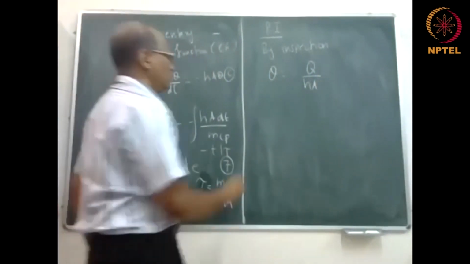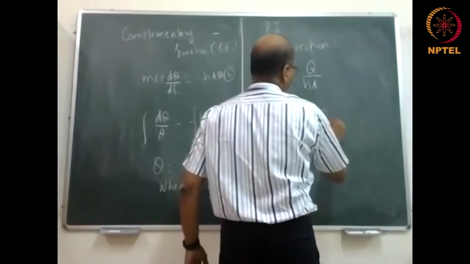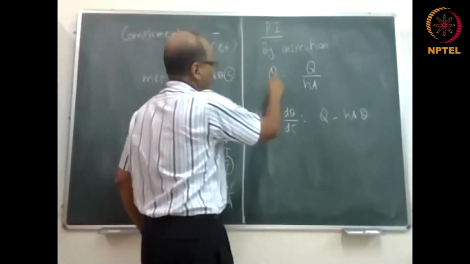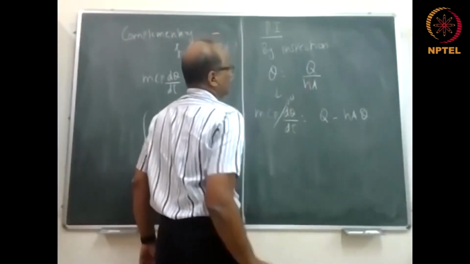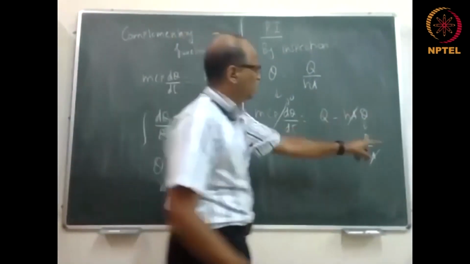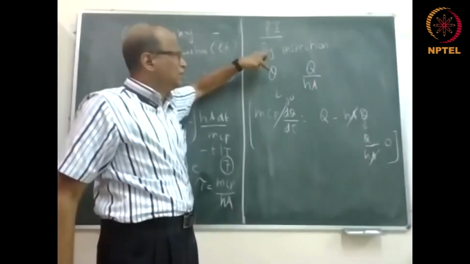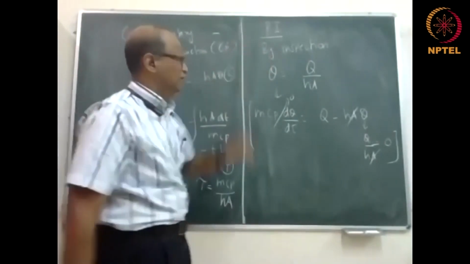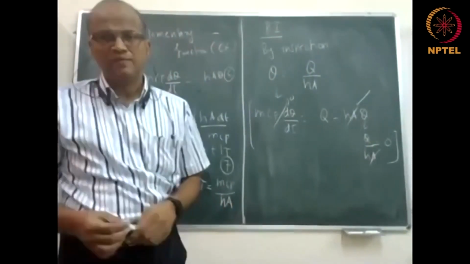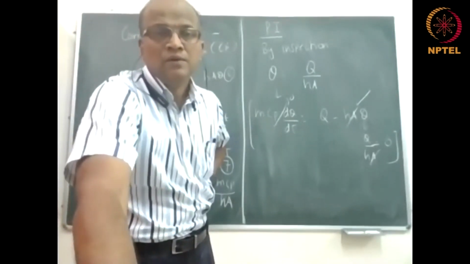How do I do that? If I substitute this, d theta by d tau is equal to 0, so theta is Q by HA. HA will get cancelled, Q minus Q equal to 0. So my proposal that the particular integral is Q by HA is fine because it satisfies the original differential equation. Is this clear? Please let me know if there's any problem. Some maths professor must have taught you somewhere.